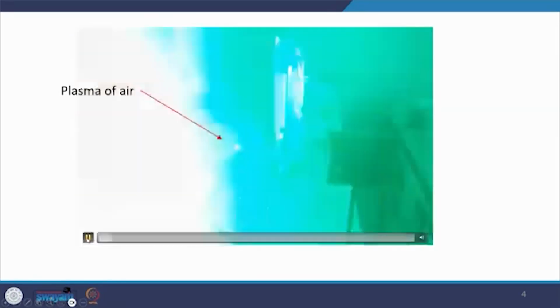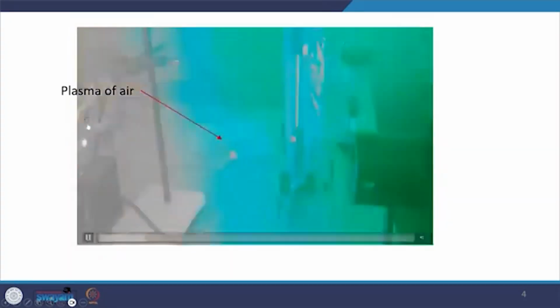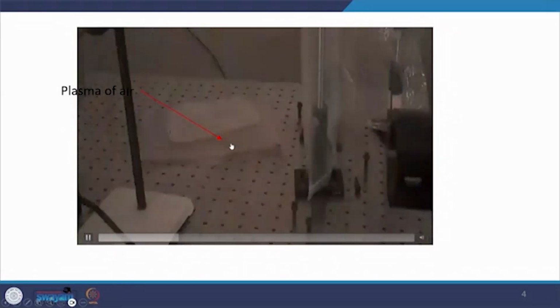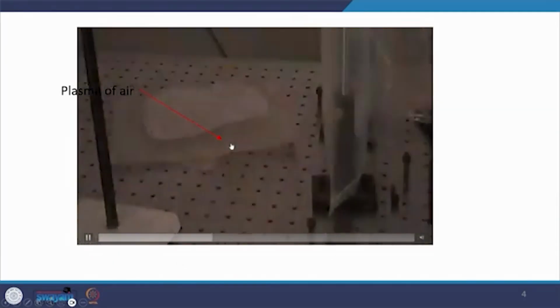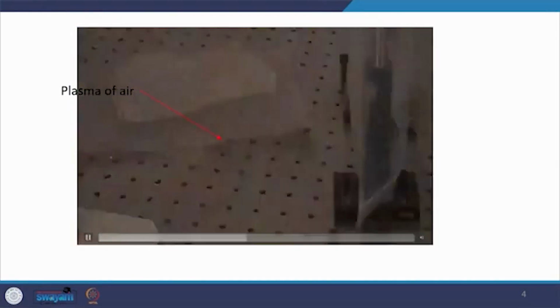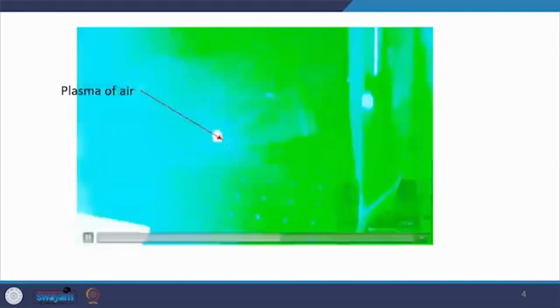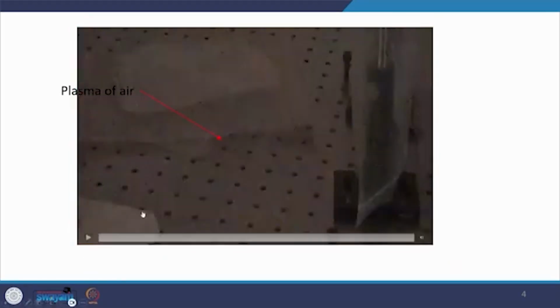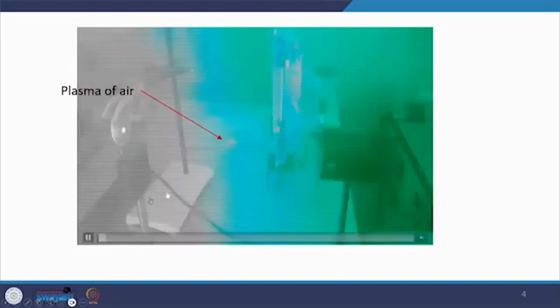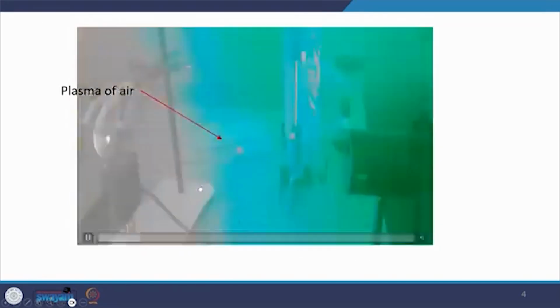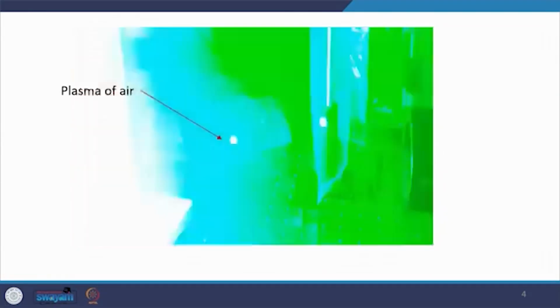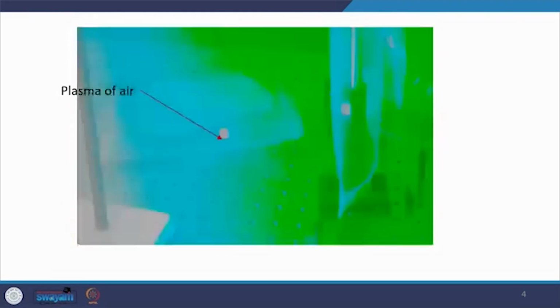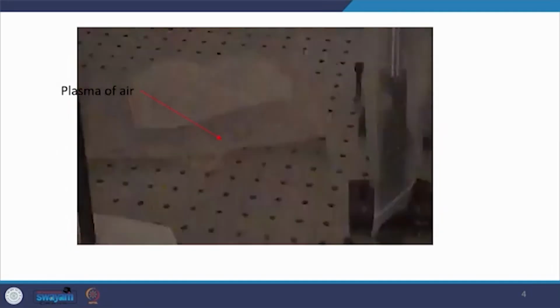Here you can see this is the lens, and with its help the laser beam is focused here, and you can see a spot which is glowing. That is the plasma of the air. This is another video showing that with laser light you can generate plasma of air or even of solids.